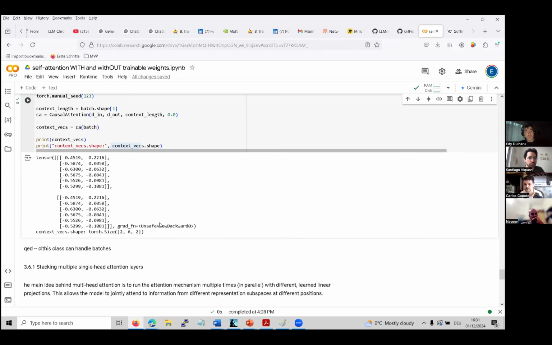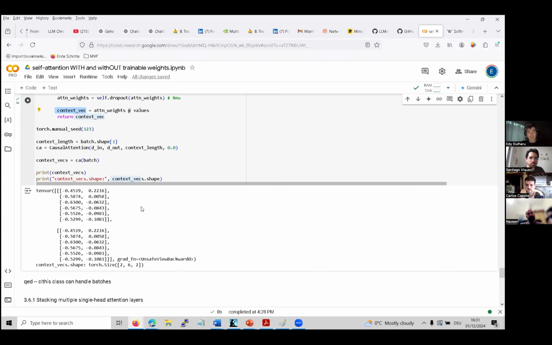Then we implement another set of matrices which should be responsible for another aspect of the input, and that will be another head of the attention. So in this example, we have a two-head attention mechanism.